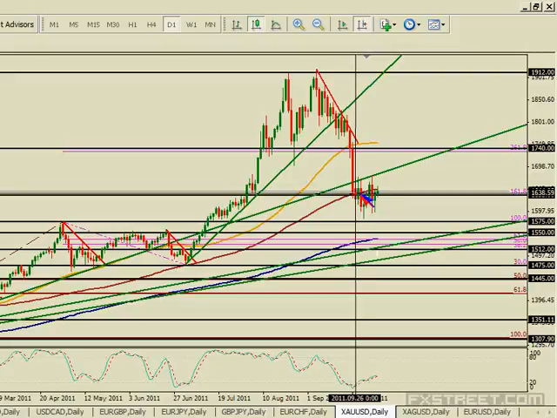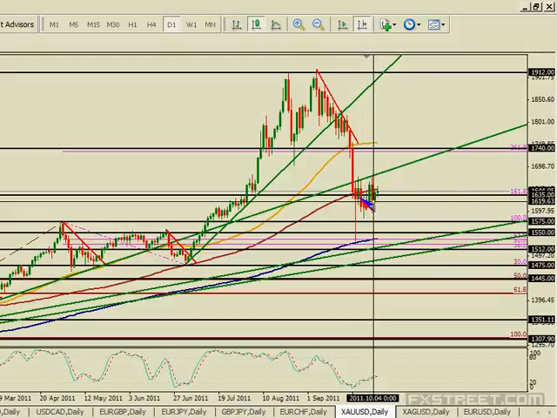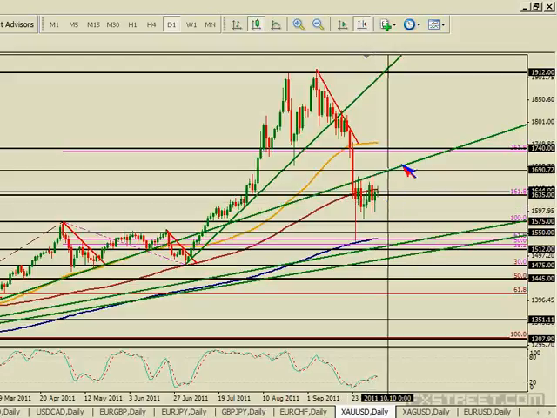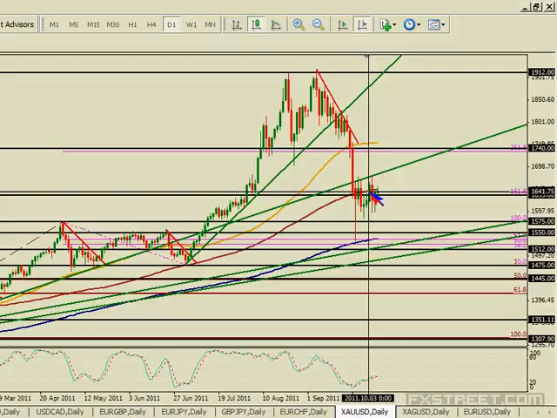For now, we're looking at a lot of consolidation from here, so not much in the way of directional clues. Although we do have this rejection near the lows on gold, and possibly it's trying for some type of recovery, a little bit of recovery, but right now it's in consolidation mode.